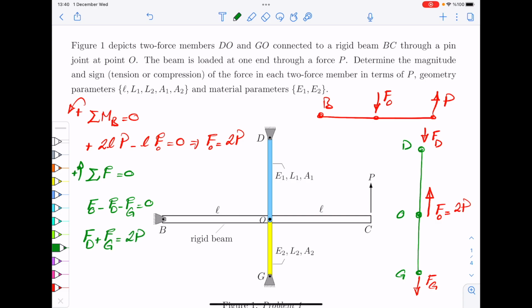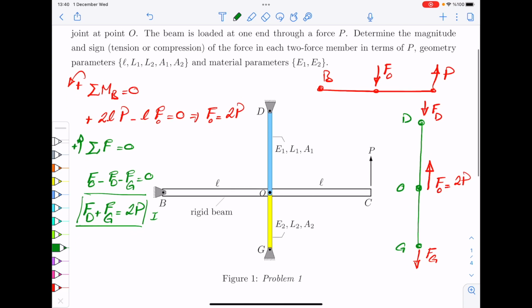Okay, so this is your equilibrium equation, or equation 1. But as we just discussed, because this is statically indeterminate, we also need compatibility. So compatibility.